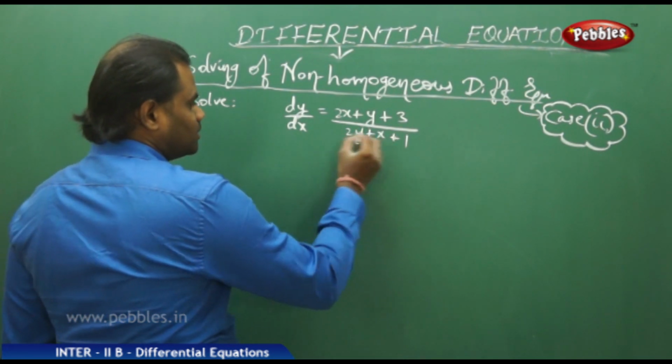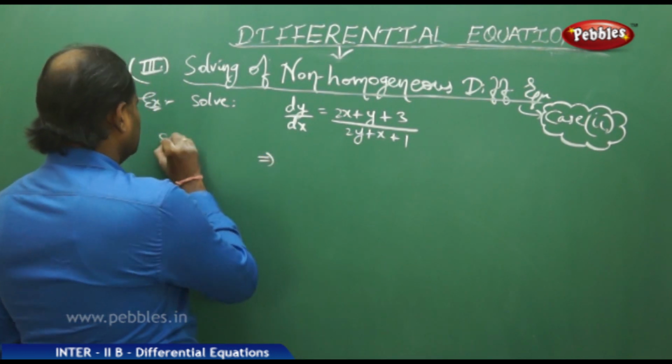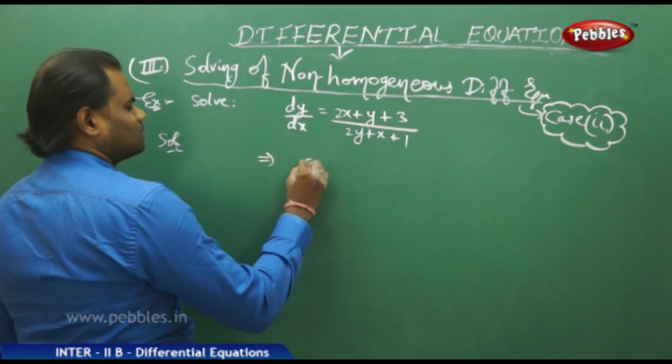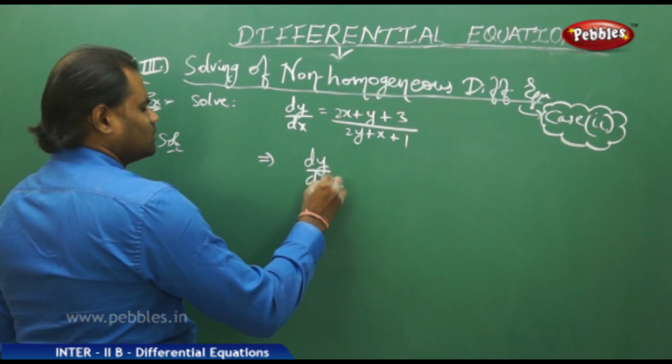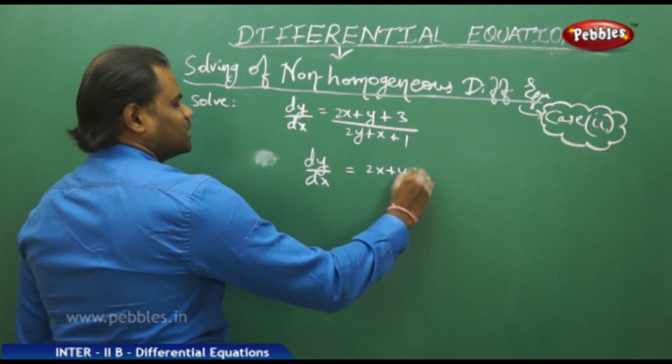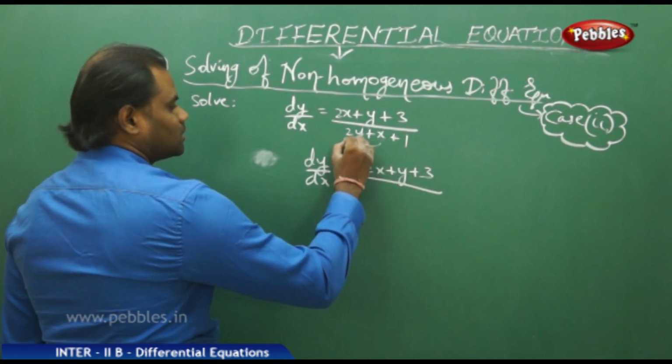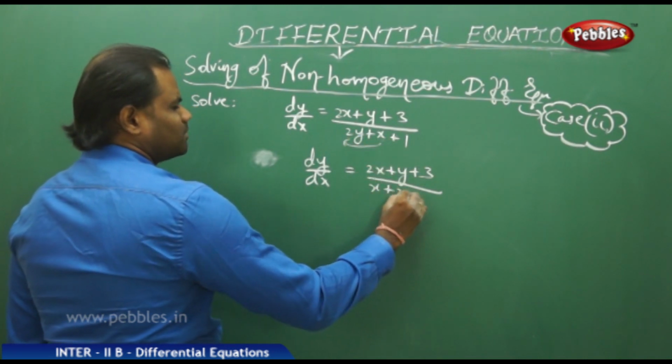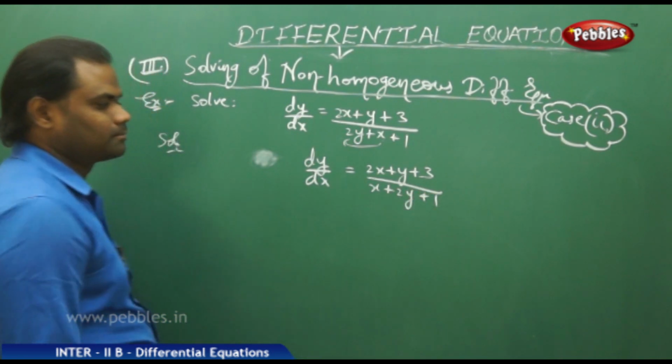Now rearranging them in the form of x and y, this gets reduced to dy by dx equals 2x plus y plus 3, and x term comes out here as x plus 2y plus 1.